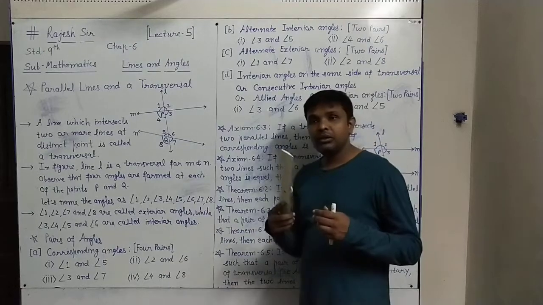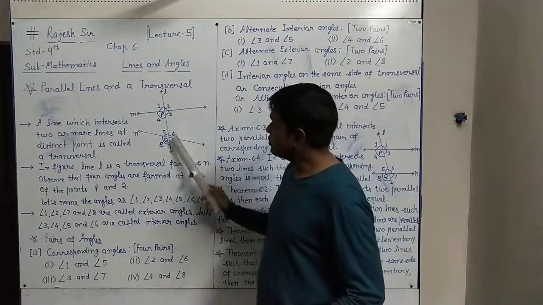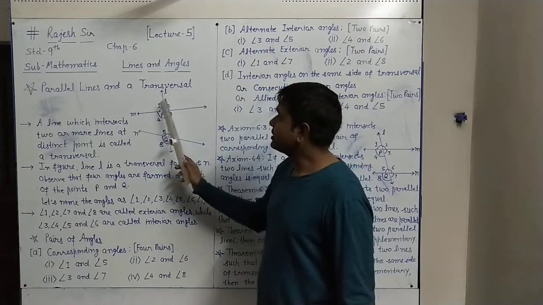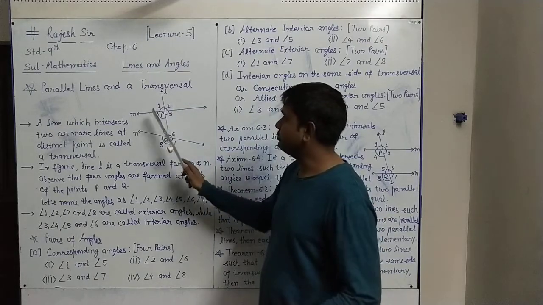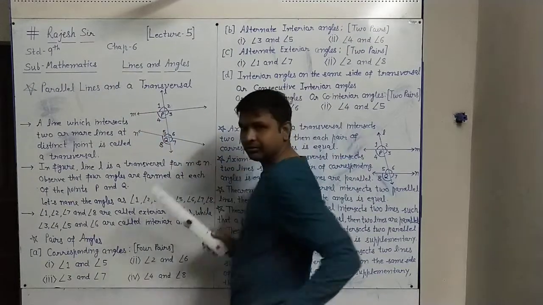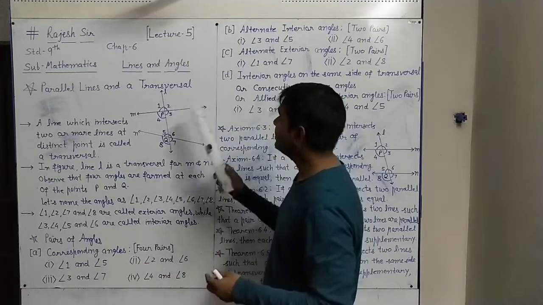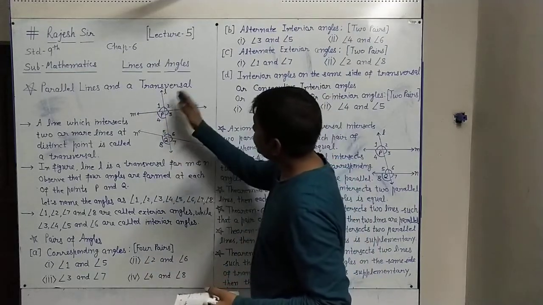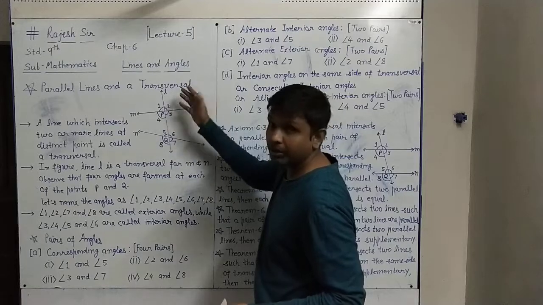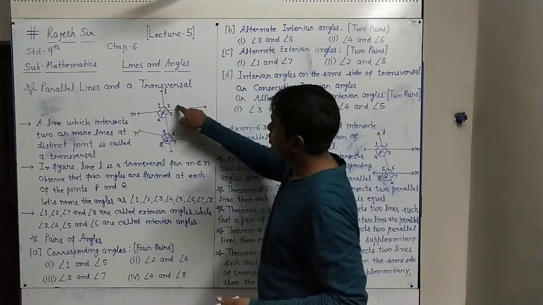How to understand this? On the left side of the transversal, the upside angles are 1 and 5. So angles 1 and 5 are one pair of corresponding angles. Second, on the right side of the transversal, upside, are angles 2 and 6.